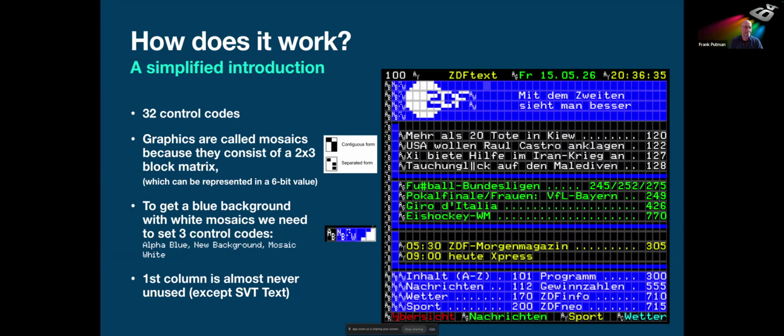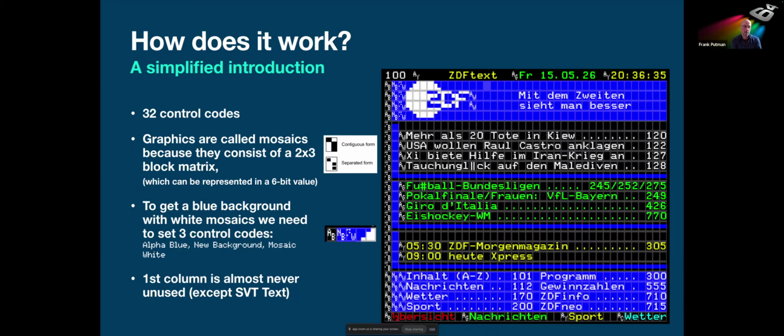And those graphics you see on screen are called mosaics, and they consist of tiny 2x3 blocks of block matrix. And they can be represented with a 6-bit value, but basically all teletext decoders on the television have the graphics built in, so they are generated when it's displayed on screen.